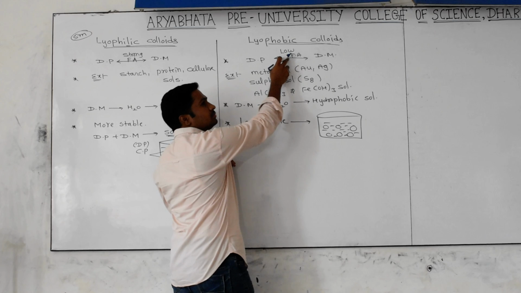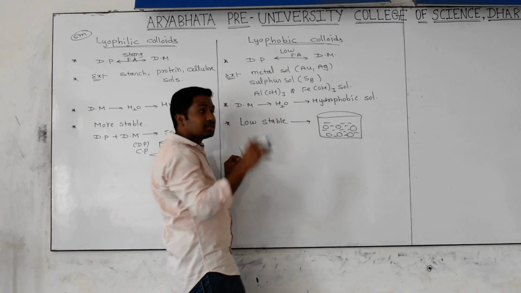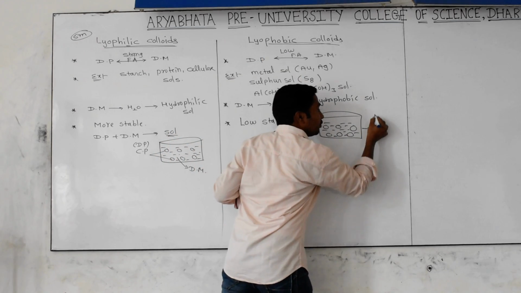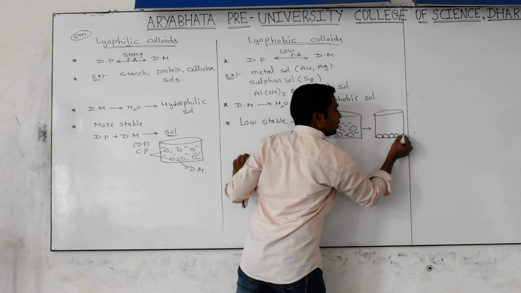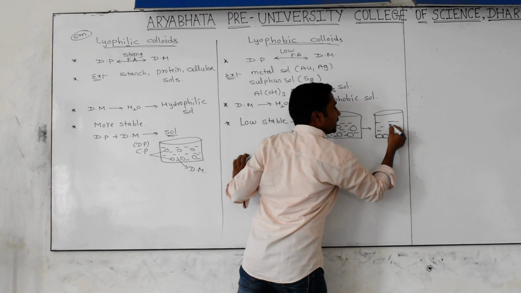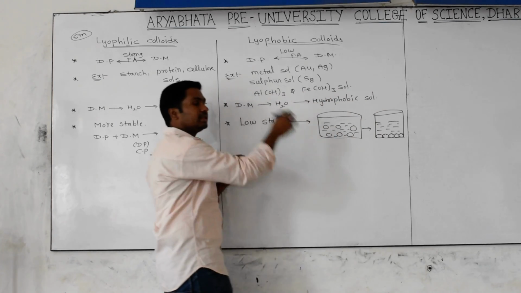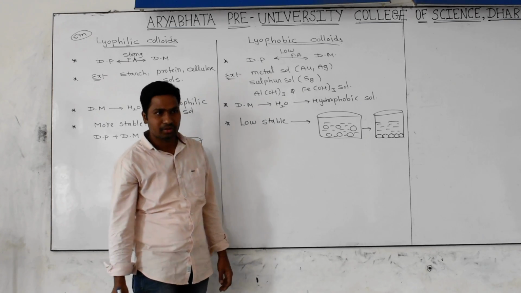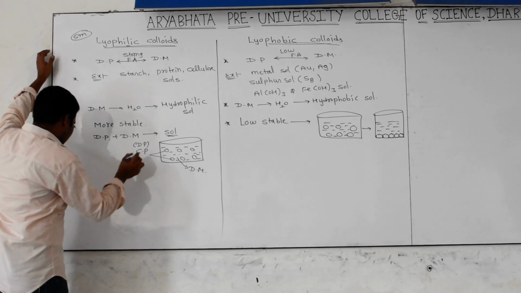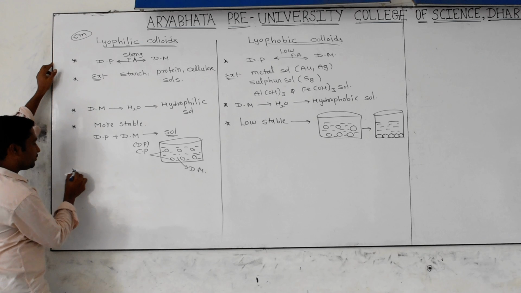Why? Because the force of attraction will be less. Always they want to settle down. The colloidal particles will always settle down and the dispersion medium will be separate like this. Separation will happen; that is called unstable or less stable. Are you getting or no? And one more thing I want to tell: this preparation will be very easy.